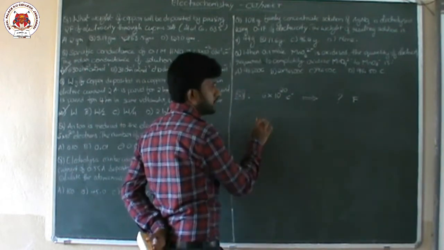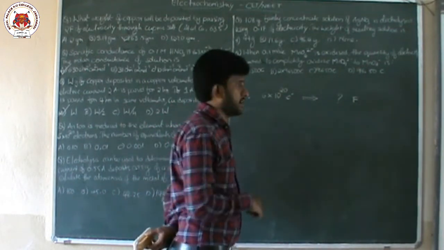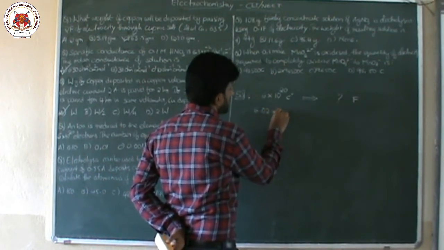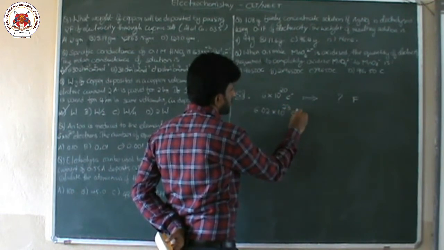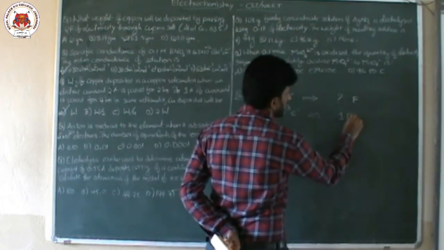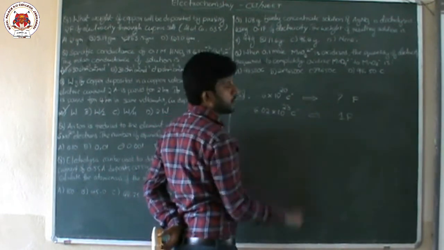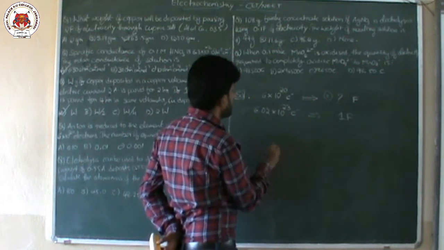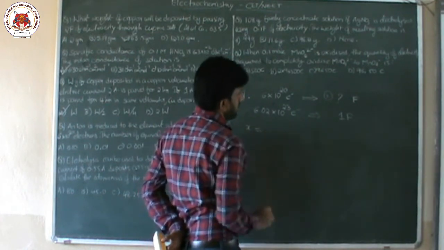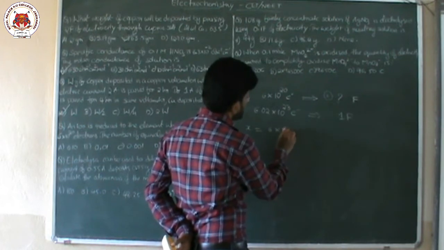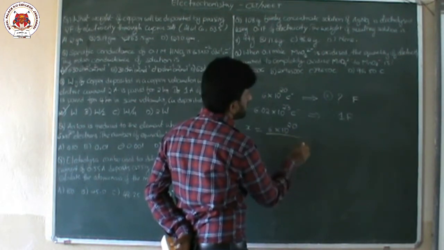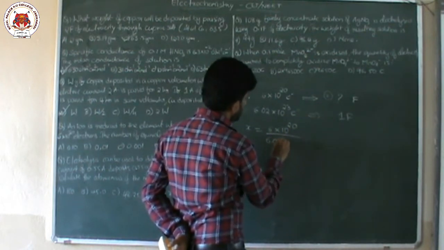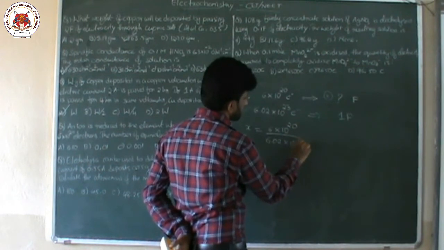You know that 1 mole of electrons' charge is equal to 1 farad, which means 6.02 into 10 to the power of 23 electrons is equal to 1 farad. Then this many electrons is equal to how many faradays? Assume this is x, cross multiply. Then x is equal to 6 into 10 power 20 divided by 6.02 into 10 power 23.